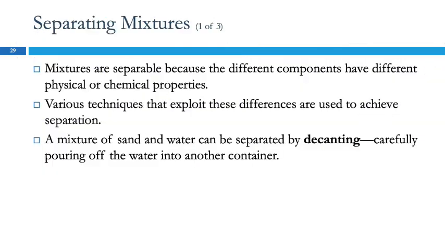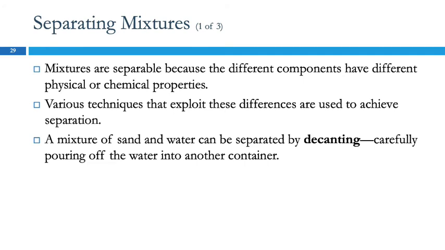Mixtures can be separated because those different components are going to have different properties. So if you think about that glass of water with sand in it, how could you separate the sand from the water? Blow dry it, yeah? Might take a while, but you could heat it and cause all the water to evaporate, right?